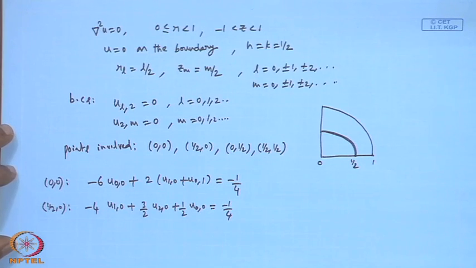So, this gives some idea of discretizing cylindrical polar coordinates. Of course, not an arbitrary case, we have considered the axisymmetric case.